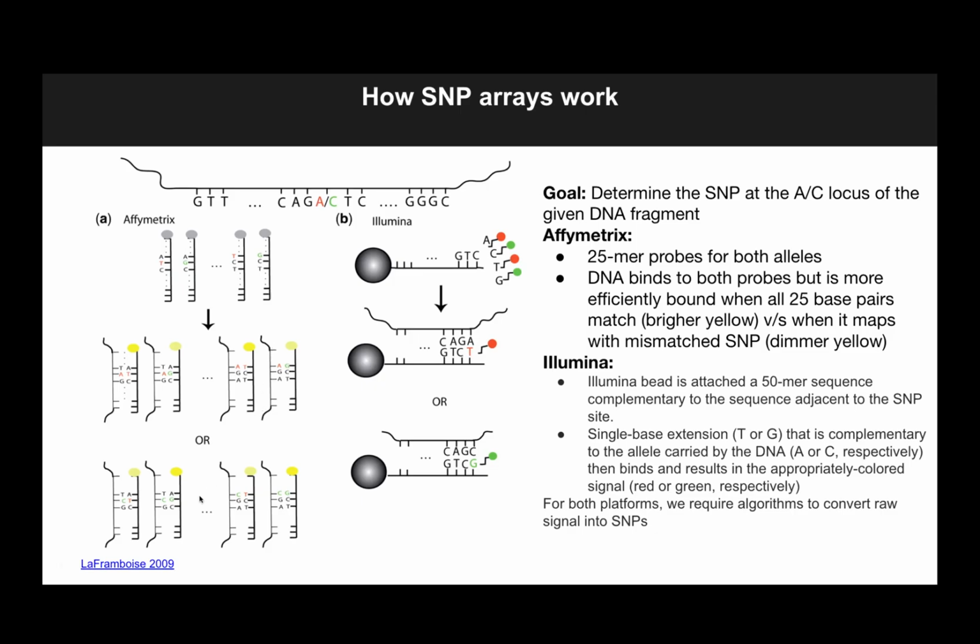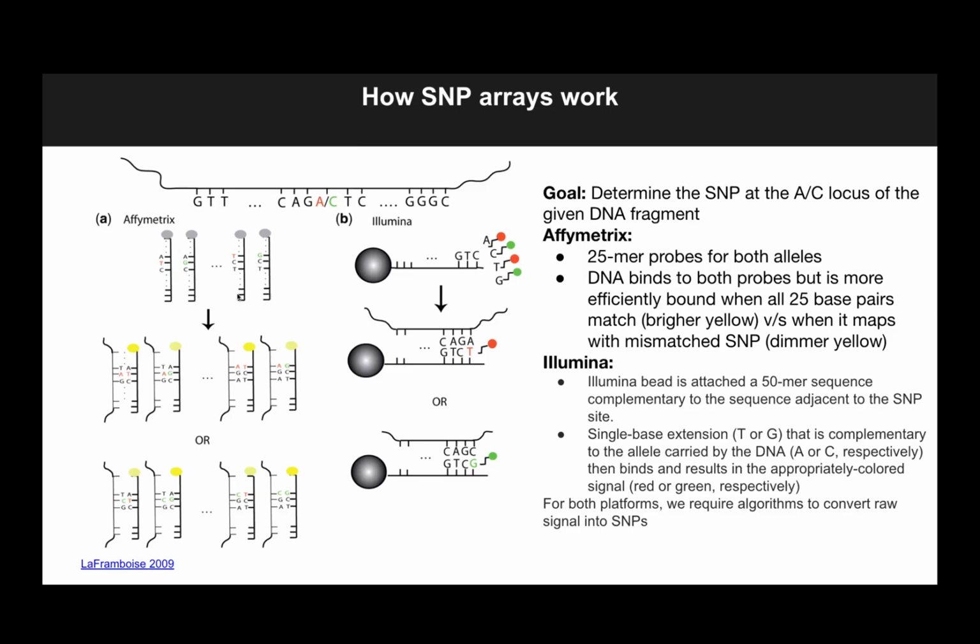What you essentially end up quantifying, and this is shown for the other allele, C, where AGA is replaced by CGA and so on, is that whichever allele you have, that particular probe will light up and you will know which particular SNP is present in your sample sequence.